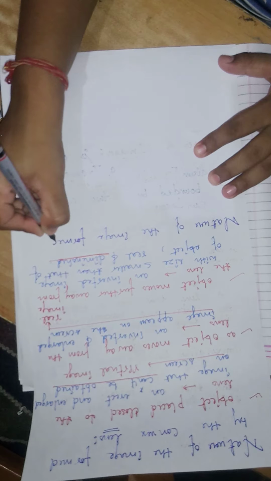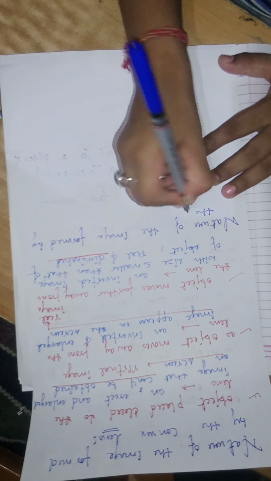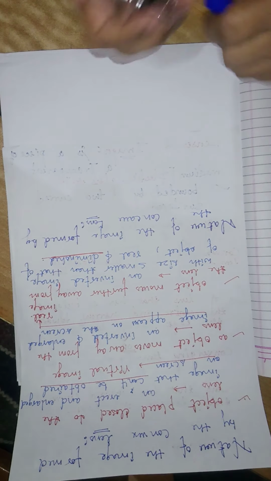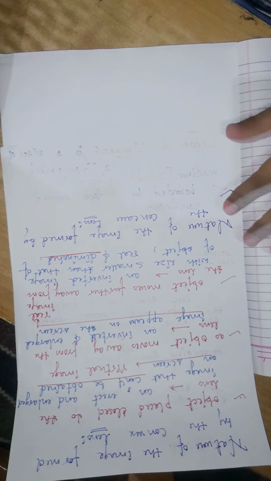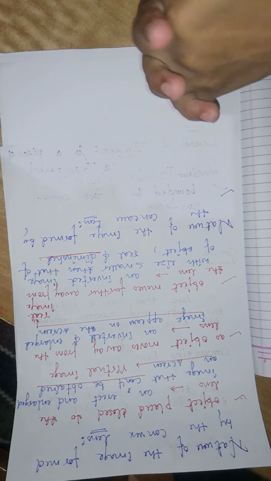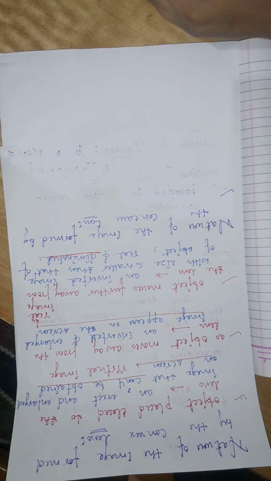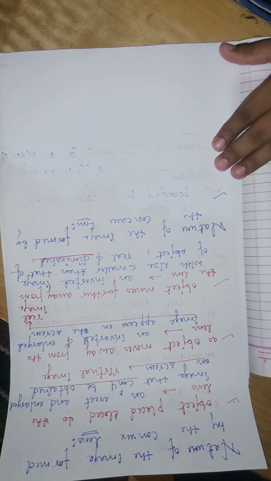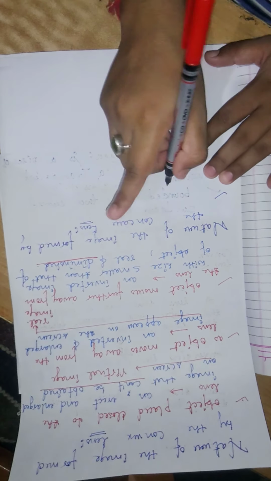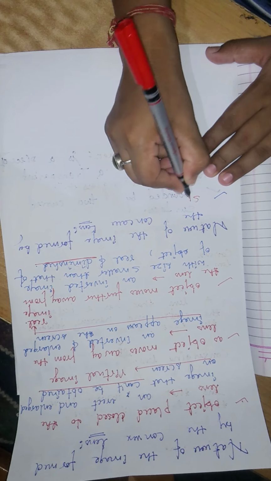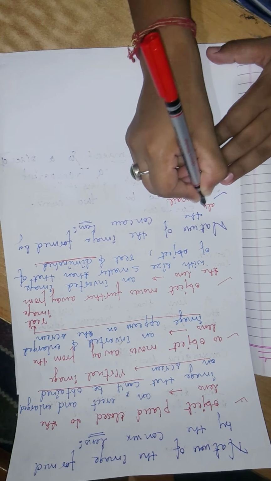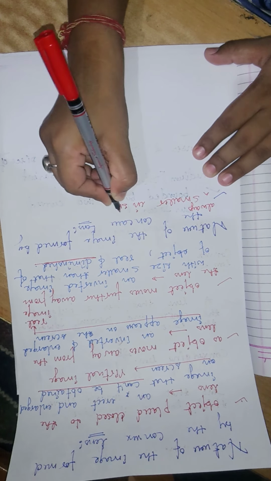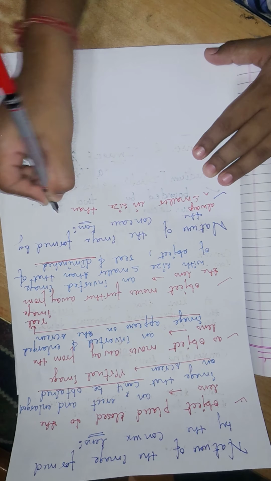Formed by the concave lens. Okay, so while performing that activity, what we observed about the nature of image which is formed by the concave lens is, we just concluded that the image which is formed by a concave lens is always, I should write always also, it is always smaller in size than the object.